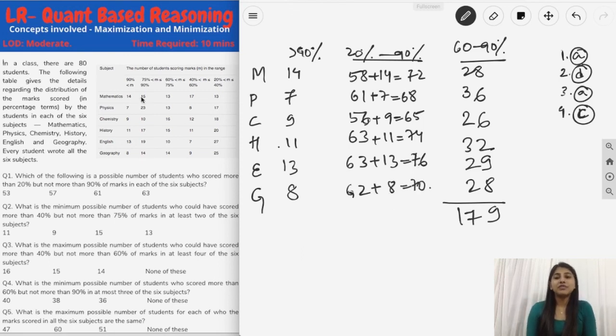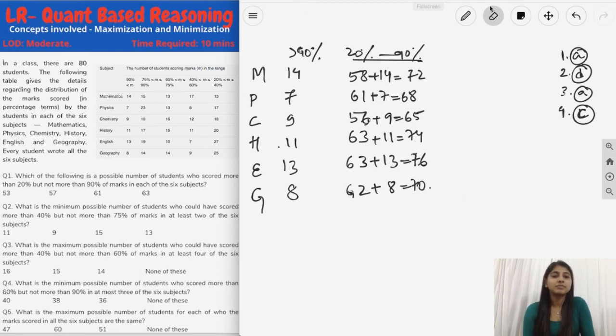Okay, so if we have taken this entire range, how will we find less than 20? Let's see. For less than 20%, total students were 80, so 80 minus 72, 8 of them, 12, 15, here it is 6, 4, 10.